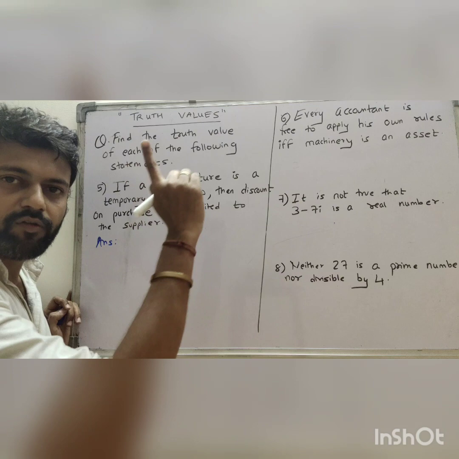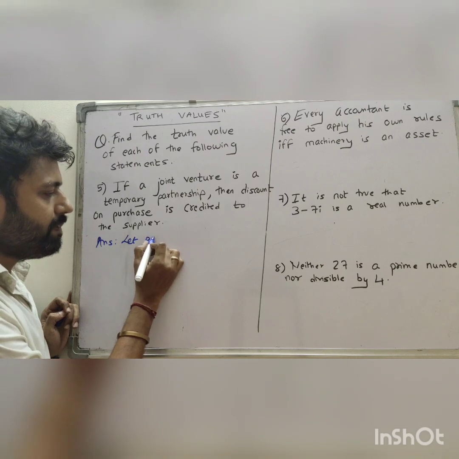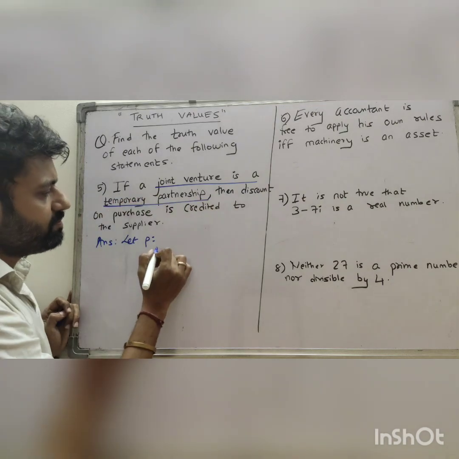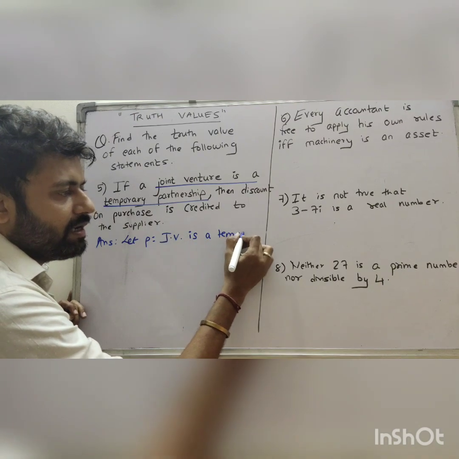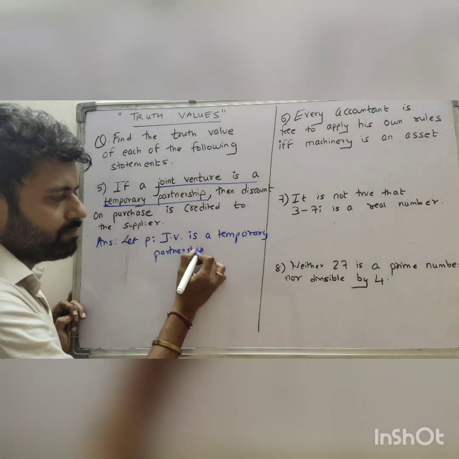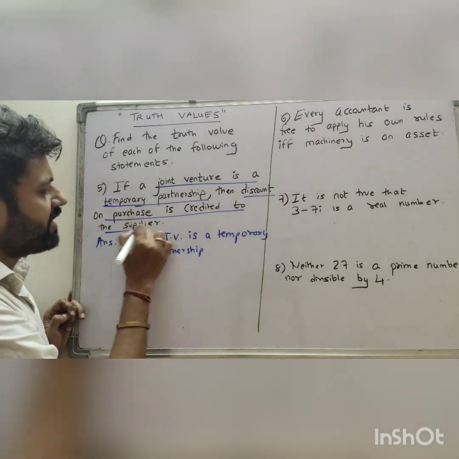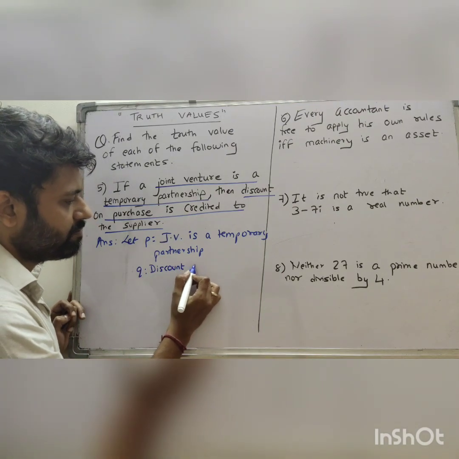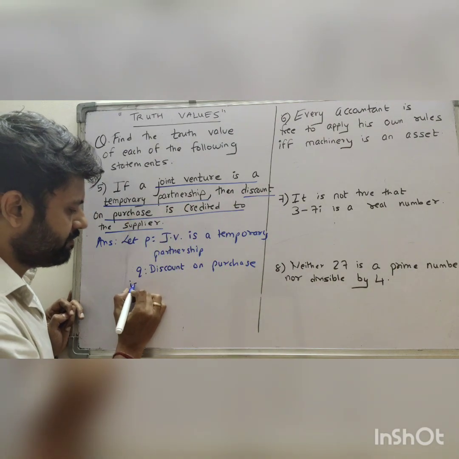We solve these the same way we solved the earlier 4. Let P be the statement: joint venture is a temporary partnership. Q is: discount on purchase is credited to the supplier.